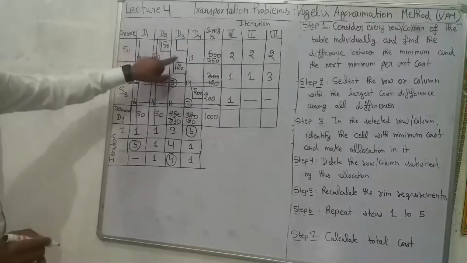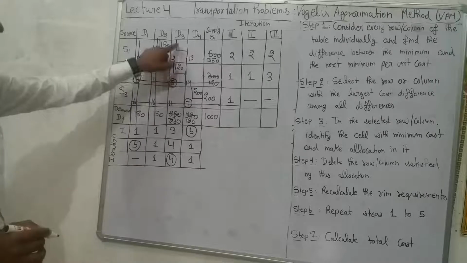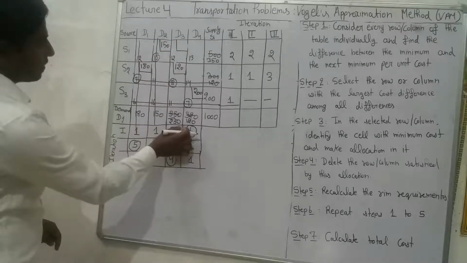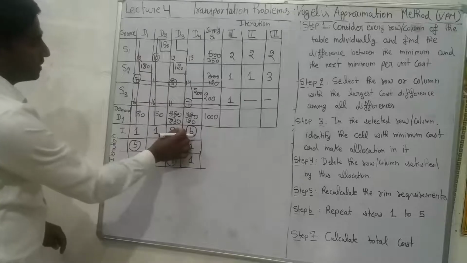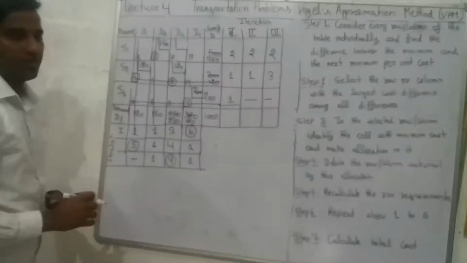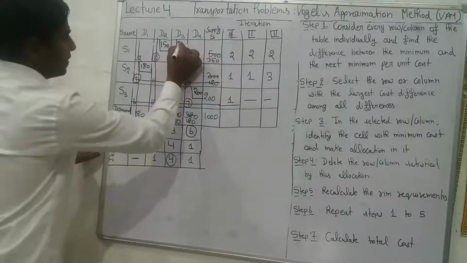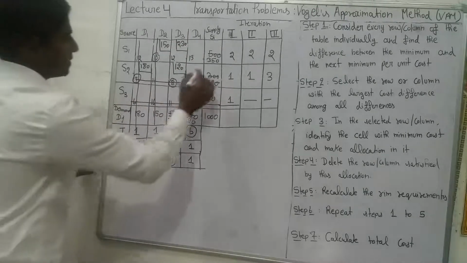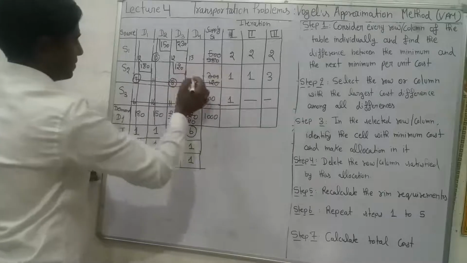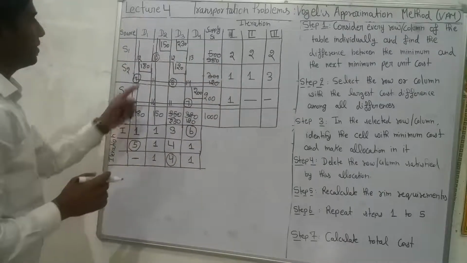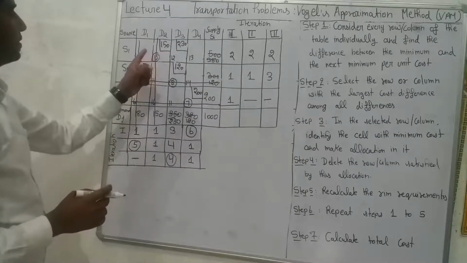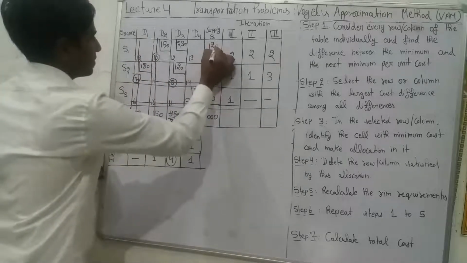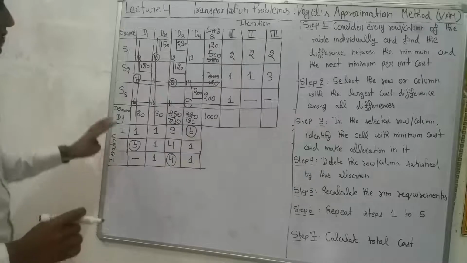Then select the next minimum, which is 12. Match the demand and supply. The requirement of destination 3 is 230 units and the availability is 350 units. So allocate the lower value, that is 230 units. After that, 120 units are left with source 1.